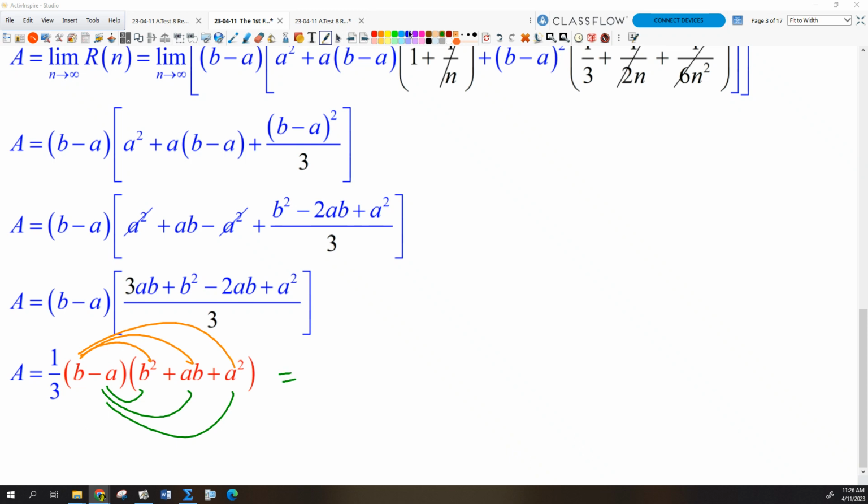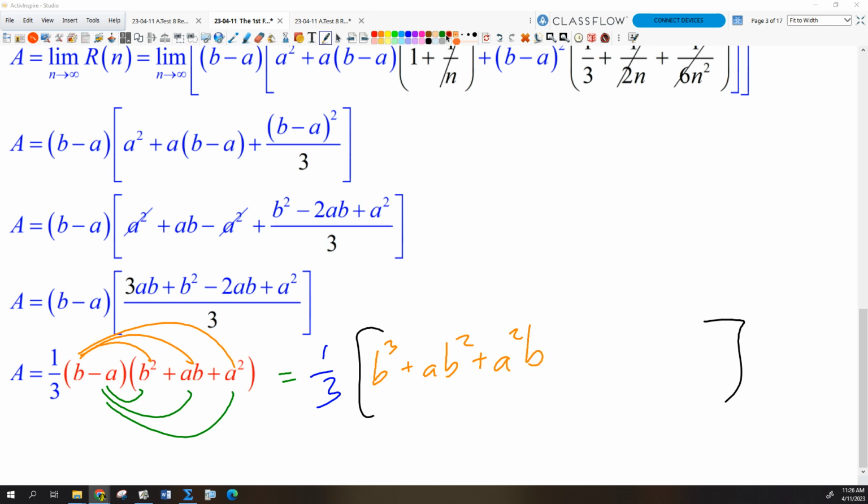So I've got my 1/3 out front times, if I distribute the b, I'm just going to get b cubed plus ab squared, right? Plus a squared b.